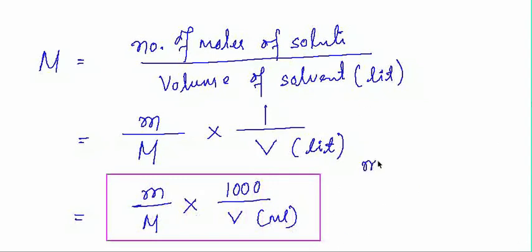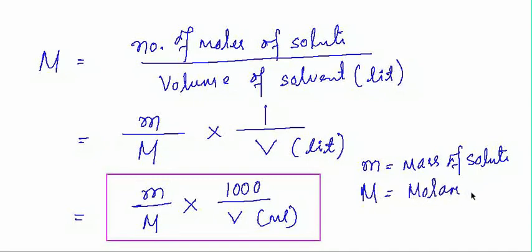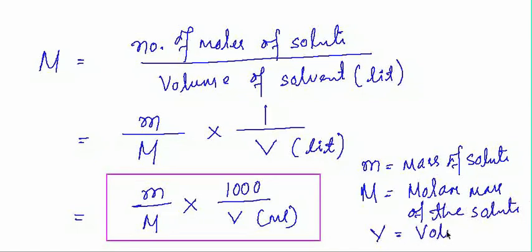Over here, small m is the mass of the solute, capital M is the molecular mass or molar mass of the solute, and V is the volume of solvent in ml.